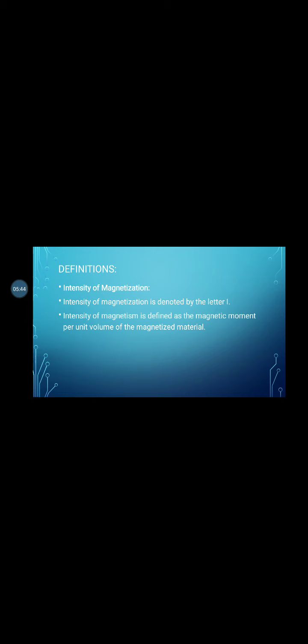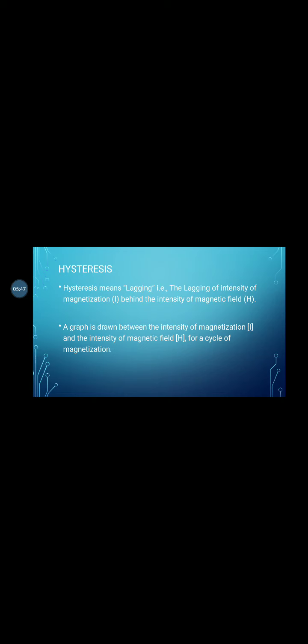To understand the hysteresis loop, you must know that hysteresis means lagging, that is, the lagging of intensity of magnetization I behind the magnetic field intensity H. The graph is drawn between the intensity of magnetization I and the magnetic field intensity H. I depends upon flux density and the cycles of magnetization.